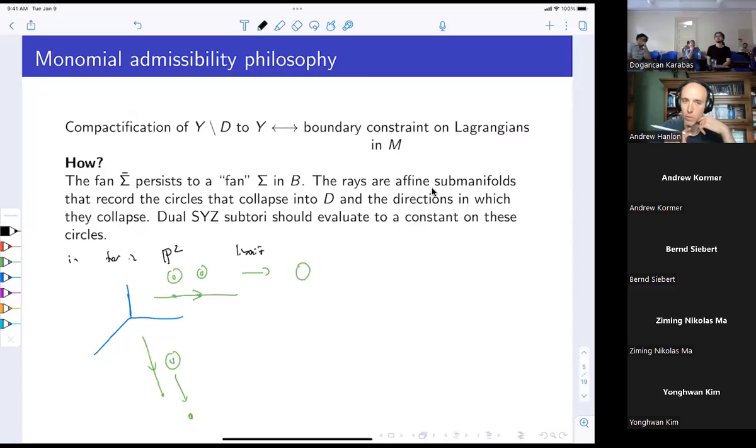And if I look at one parameter subgroups inside of there, okay, here I drew one that's shifted off, but if I drew the one along the ray, they look like straight lines. And they record which points converge to the components of the boundary.